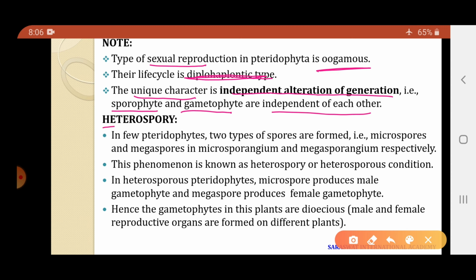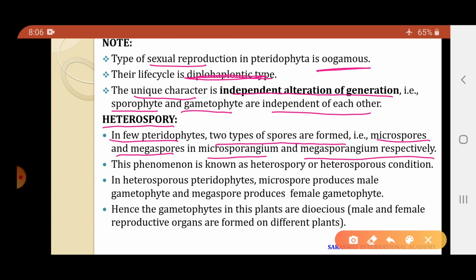Now what about the heterosporous pteridophytes? So that condition is called heterospory. In few pteridophytes two types of spores are formed, microspores and megaspores, in the microsporangium and megasporangium respectively. So where are spores developed? In the sporangia. So जो heterosporous pteridophytes हैं उनमें दो टाइप के स्पोर्स होते हैं, माइक्रोस्पोर्स और मेगास्पोर्स.